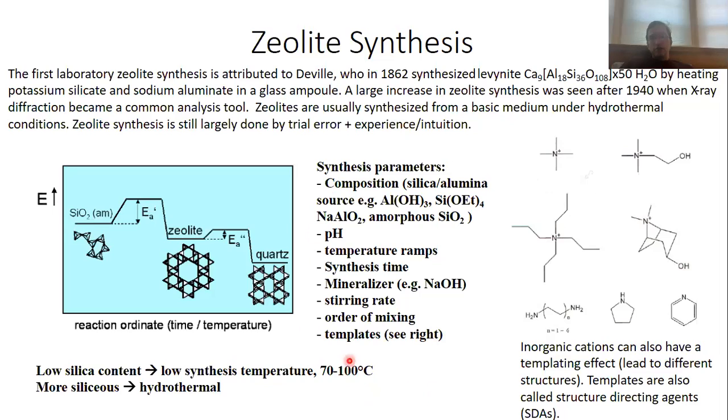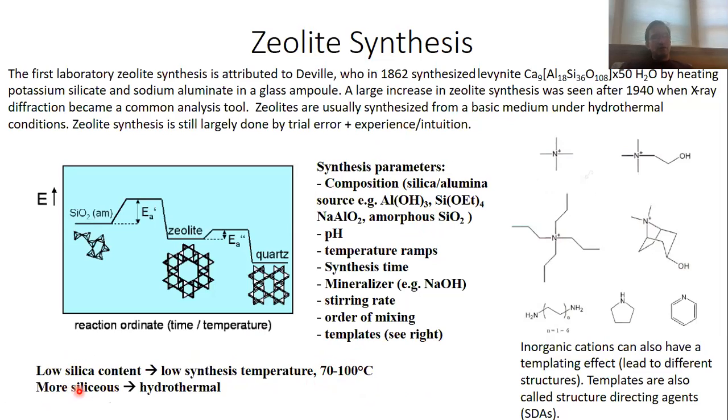So you synthesize these zeolites under hydrothermal conditions. That means in the presence of an aqueous solution and temperature. Typically, when you want to produce a low silica material, then relatively low temperatures are sufficient to crystallize it.